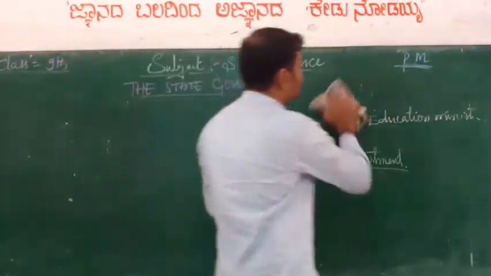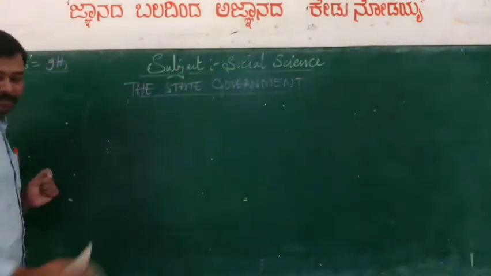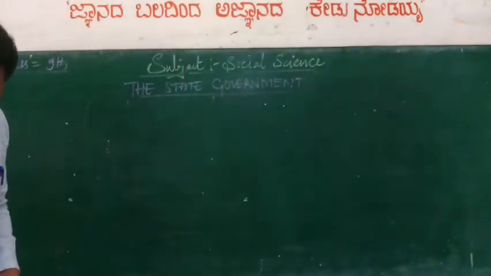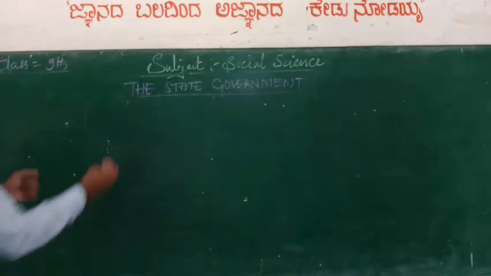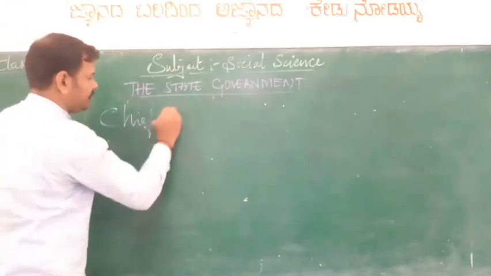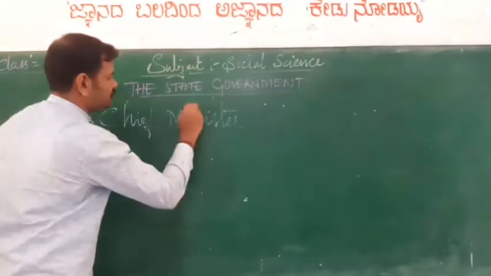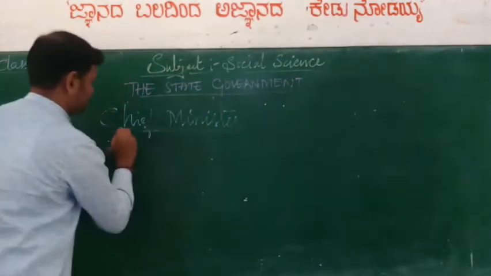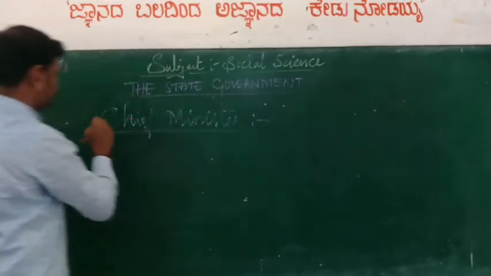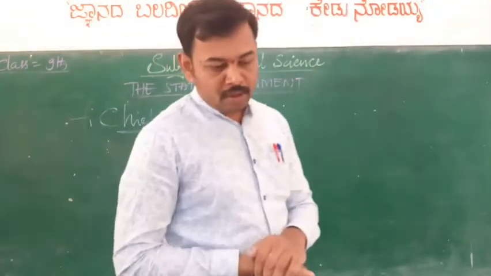The next very important thing of the state is the Chief Minister. Who is that? The Chief Minister. Let us see.